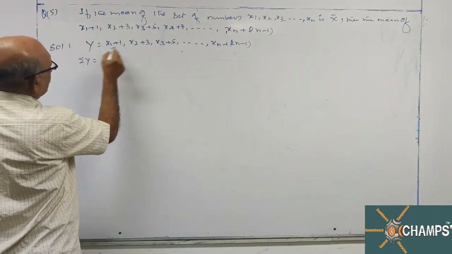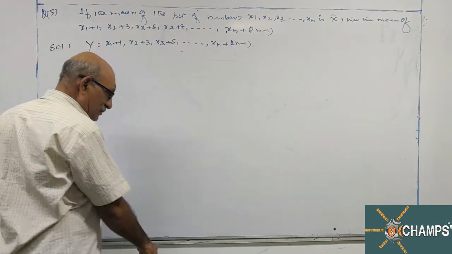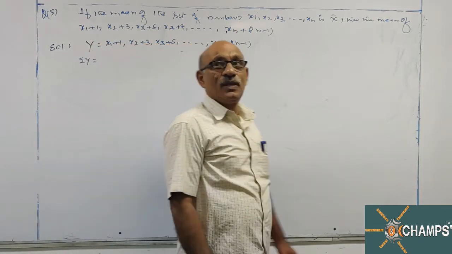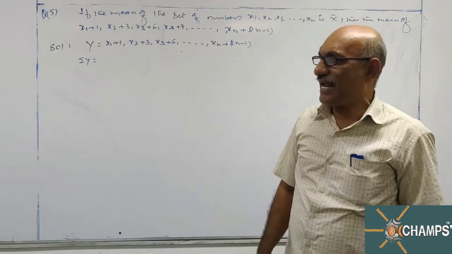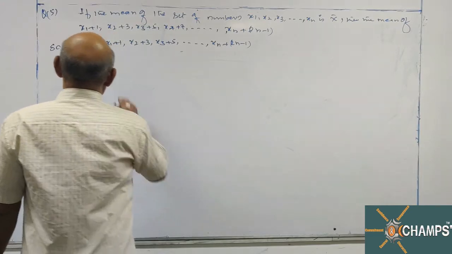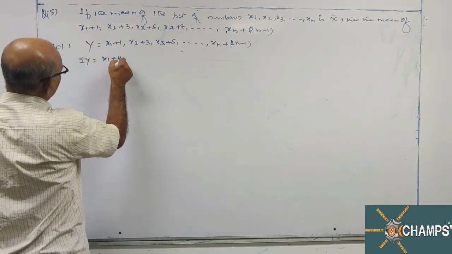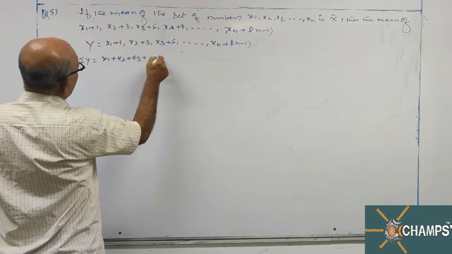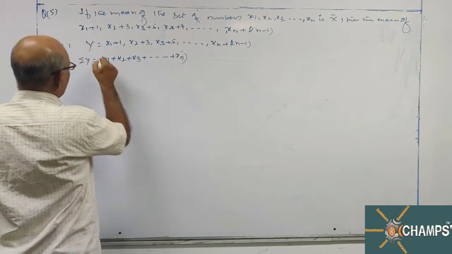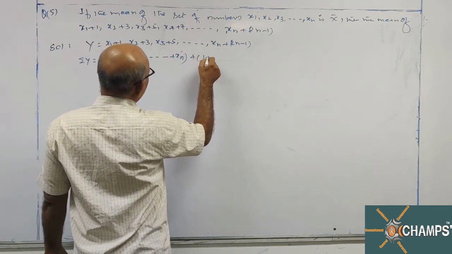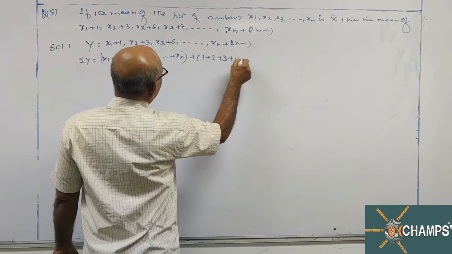Summation of y. You have to add these n terms. All the first terms I am adding at one place, and all the second terms I am adding at one place.